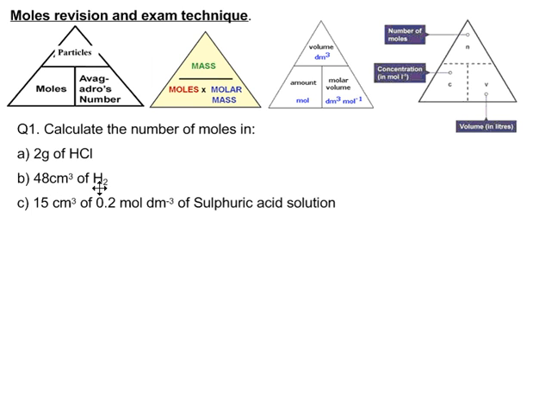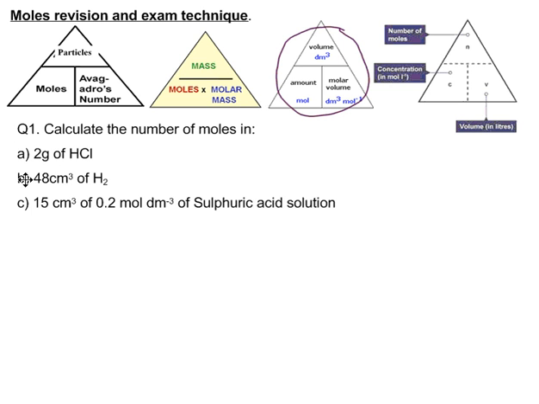Now, that relates to a gas, hydrogen as a gas, so this must be a volume. So the only equation we can use which talks about volumes of gases is the molar volume equation, which is this one here. So that's the equation that we need to use.